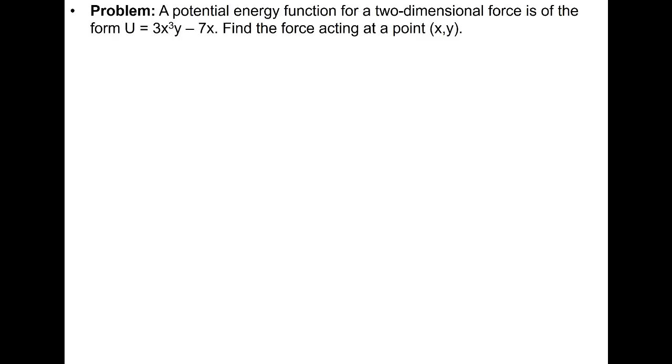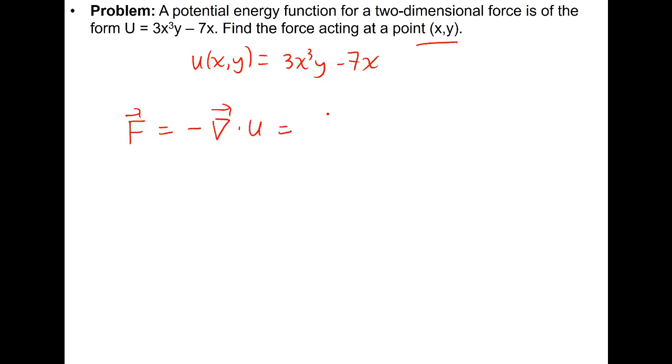So we have a potential energy function, u of x y is equal to 3x cubed y minus 7x, and we want to find the force acting at a point x y. So our definition of the force is negative gradient of u. So we're going to take negative partial u partial x i hat plus negative partial u partial y j hat.